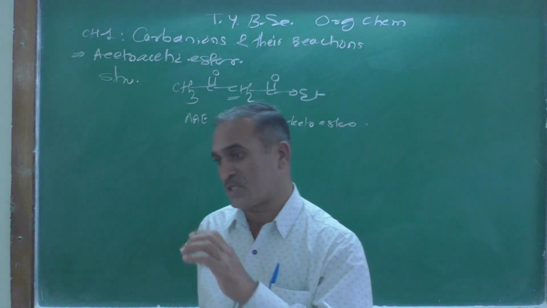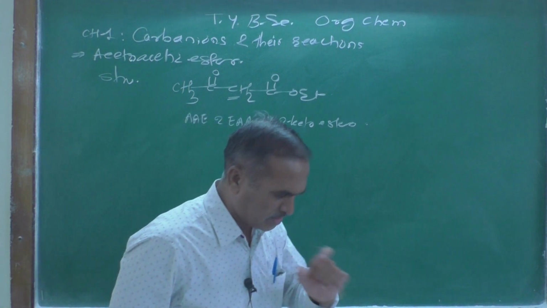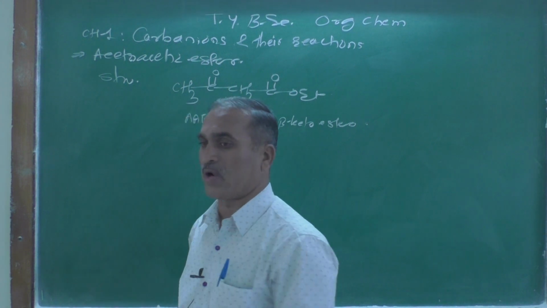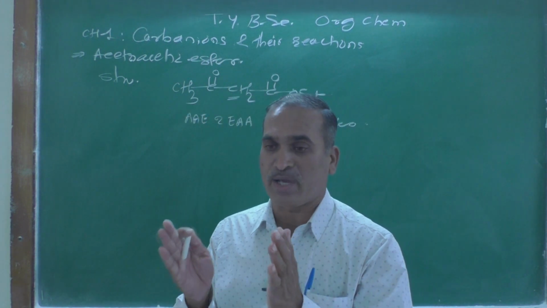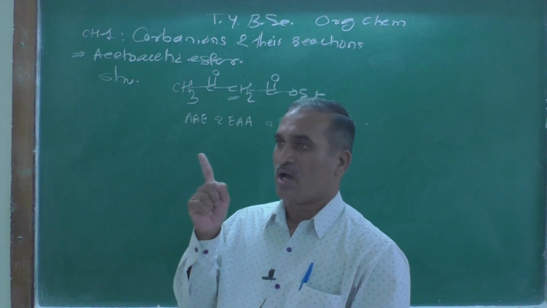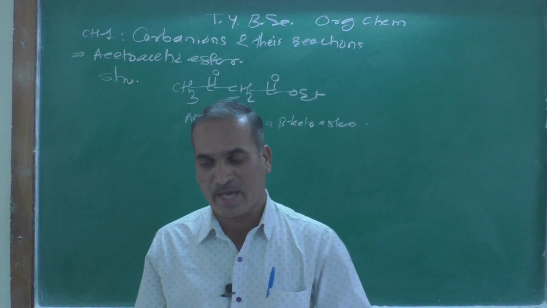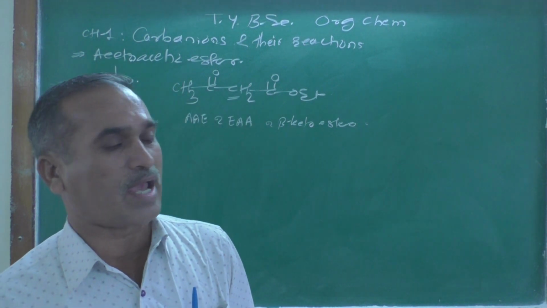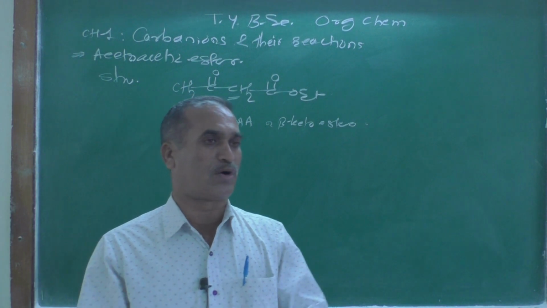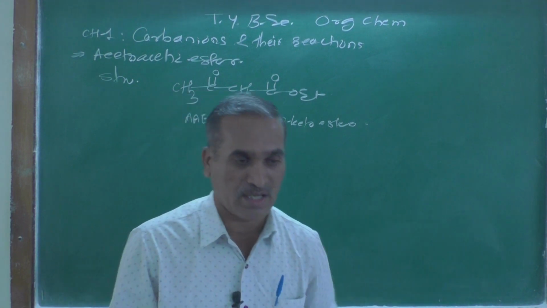This carbanion is a versatile reagent with synthetic application, because we can prepare a number of organic compounds using this reagent. Therefore this acetoacetic ester, or ethyl acetoacetate, or beta keto ester, is a very versatile organic compound, and a variety of compounds can be prepared using it.